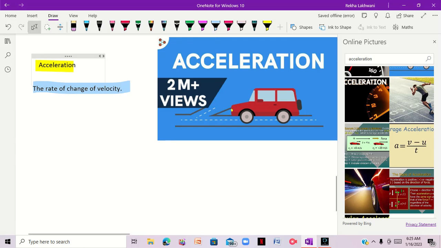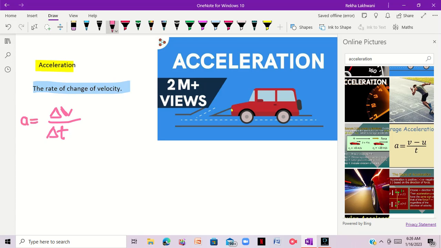The acceleration basically stands for change in velocity upon change in time, like how much velocity has changed in the rate of time, right? So this is the formula of basically acceleration.